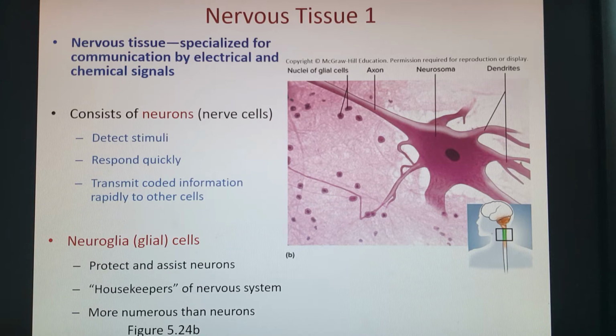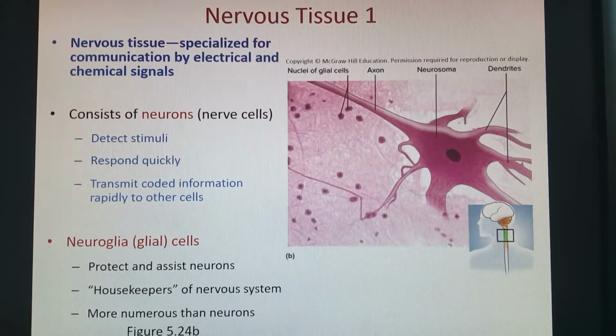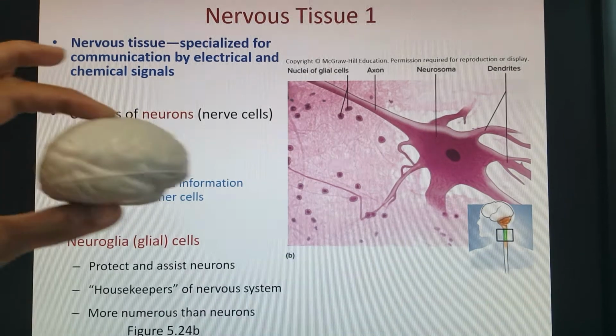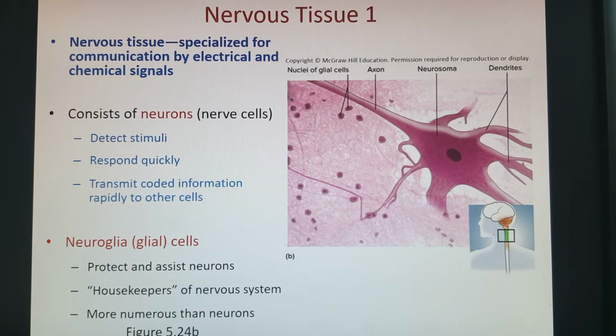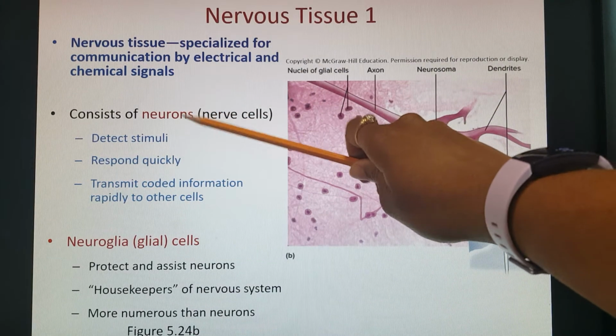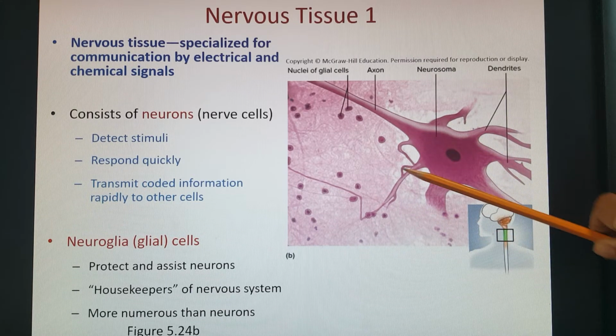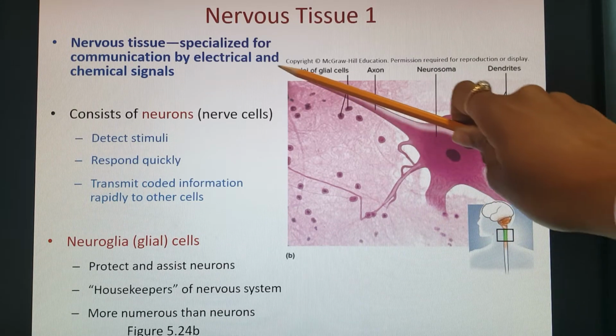Okay, nervous tissue by itself. So this type of tissue is the type of cells that make up your nerves as well as your brain. So it specializes in electrical and chemical communication. Most of your nervous tissue is mostly neurons, so these big giant ones here, they will detect stimuli in the dendrites, respond, and then send off that communication.